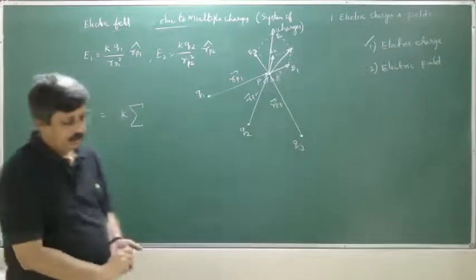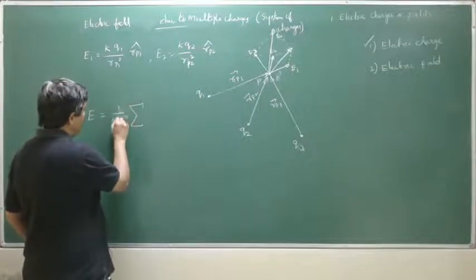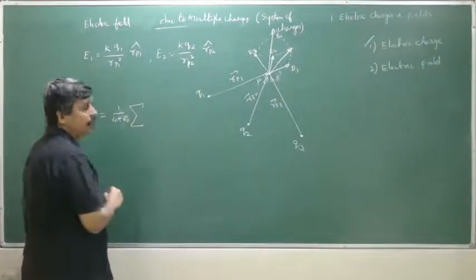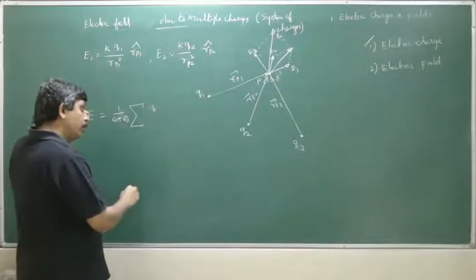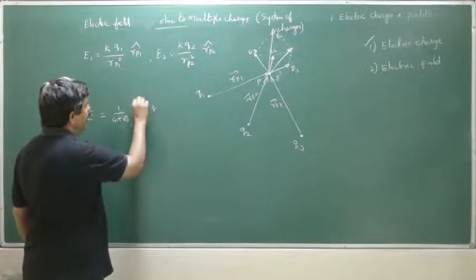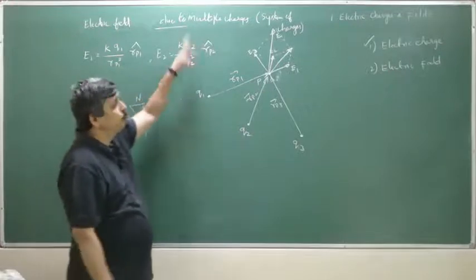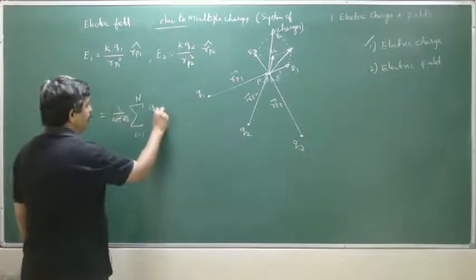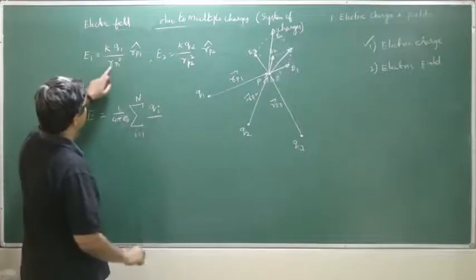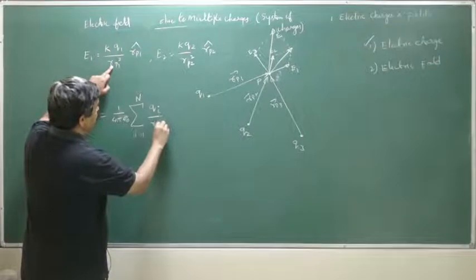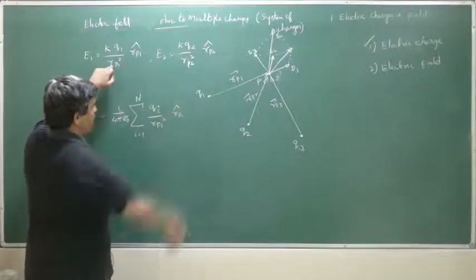So E is 1 by 4 pi epsilon naught into the sum over i going from 1 to n, where there are n charges: here it is 1, here it is 2 and 3, and so on, of Qi divided by RPi squared into RPi cap.